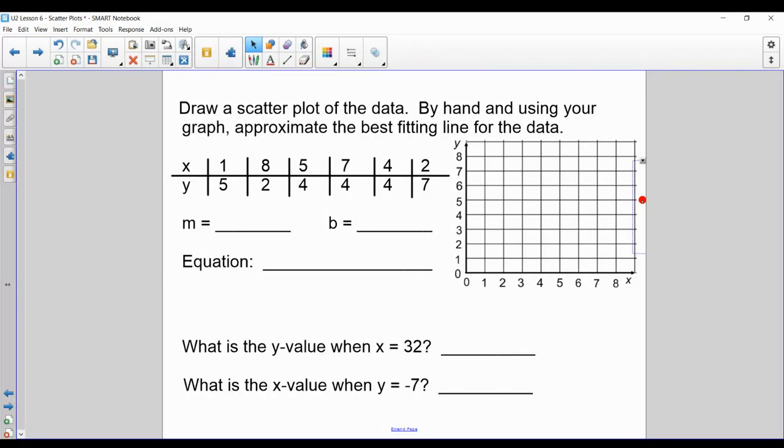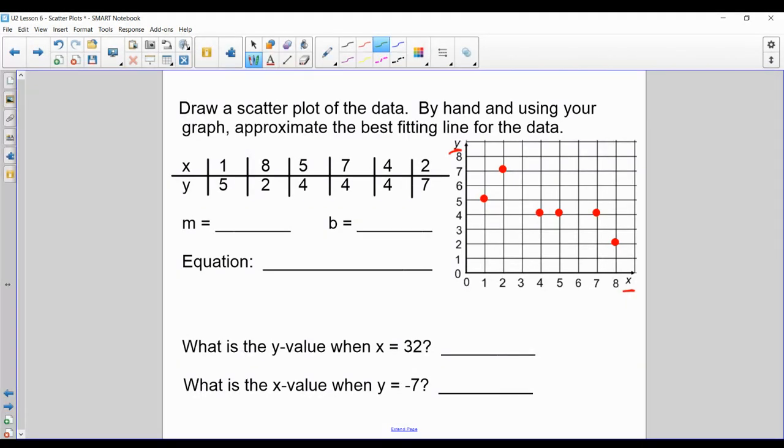What I have done is gotten this ready. Okay, so there's my data. I just plot each of those points, remembering that you plot X first, right? It's a X and a Y.